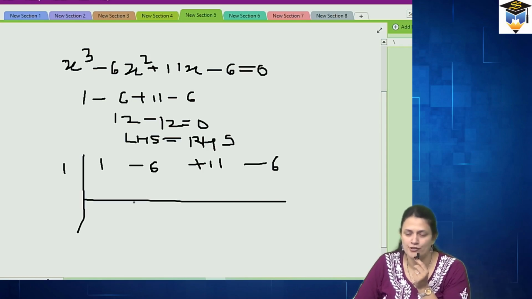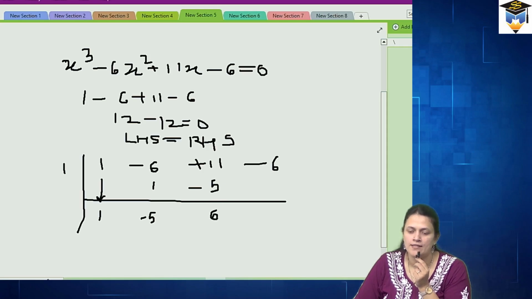Please pay attention. 1 you have to copy as it is over here. How much is 1 multiplied by 1? How much is minus 6 plus 1? Minus 5 multiplied by 1 is minus 5 again. So plus 11 minus 5 gives us plus 6. 6 multiplied by 1 is again 6. So minus 6 plus 6 is 0.